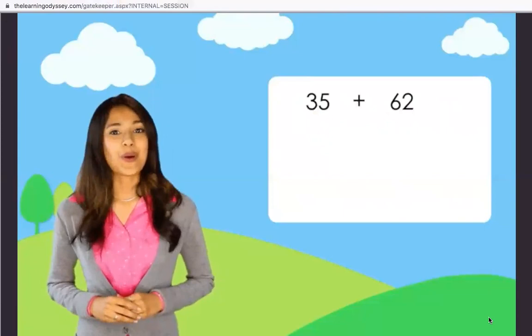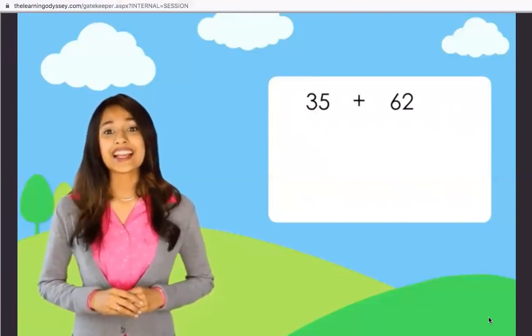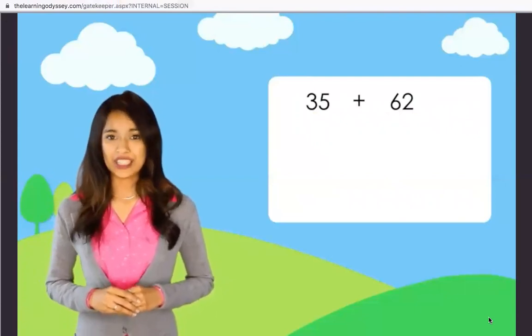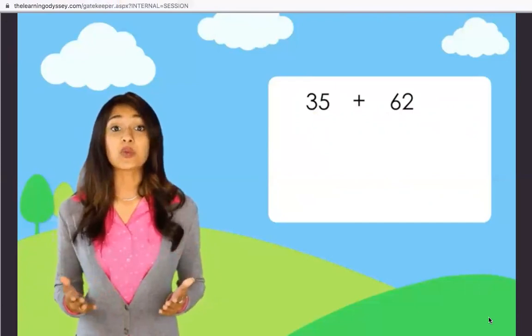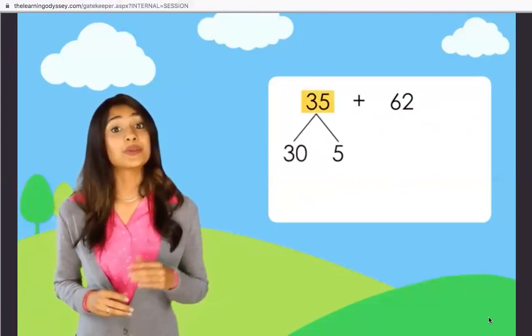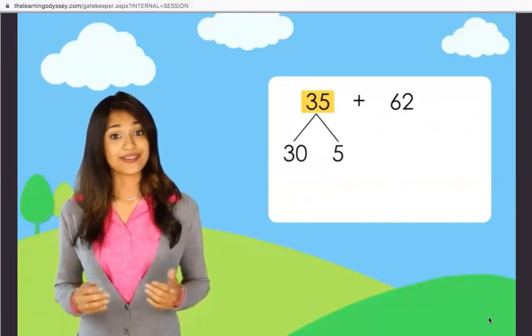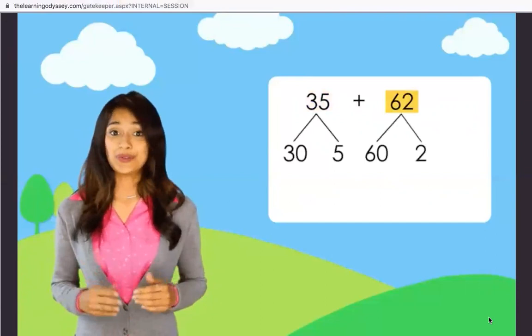You also know how to use place value when adding. Let's add 35 plus 62. Start by breaking the numbers into tens and ones. 35 can be broken into 30 and 5. 62 can be broken into 60 and 2.